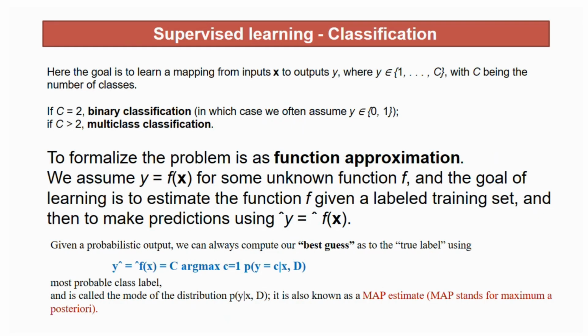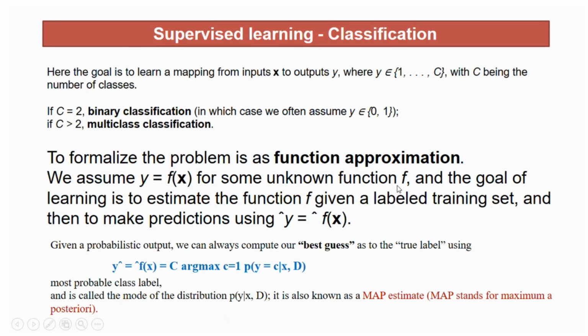In order to formalize the supervised learning task, we have a concept called function approximation. Function approximation plays a role in mapping the input to its output. That's how we assume y is equal to a function of x. The function maps x to the corresponding y.